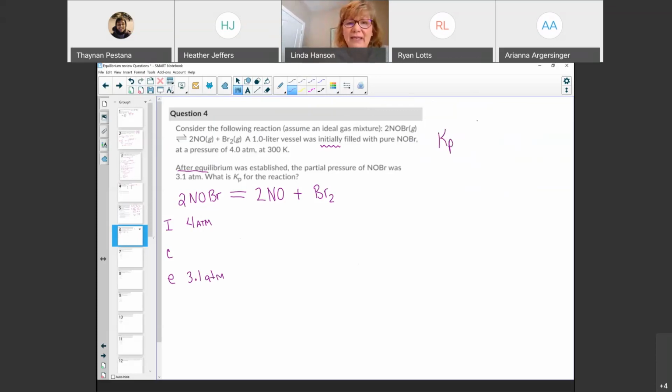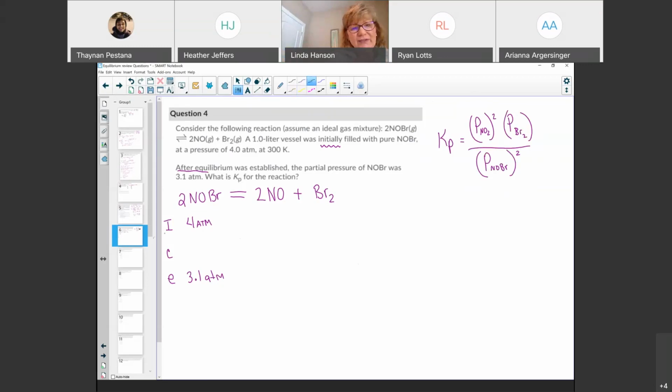Well, I know Kp will be found by taking the partial pressure of NO2 at equilibrium squared times the partial pressure of bromine, all set over the partial pressure of NOBR, also squared. We've got a little bit of work to do in our ICE chart to figure out the equilibrium values of each ingredient.